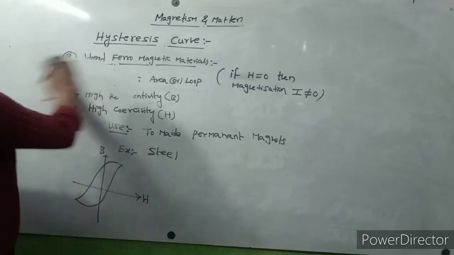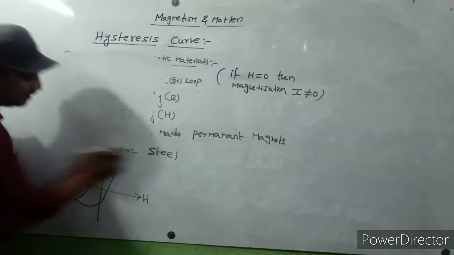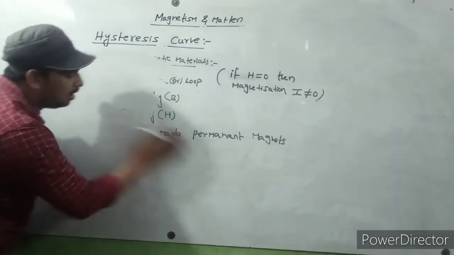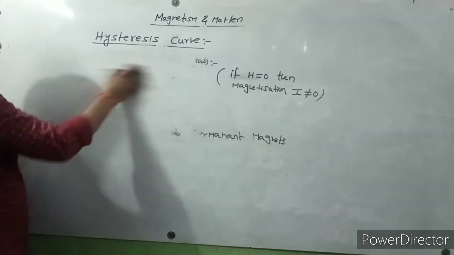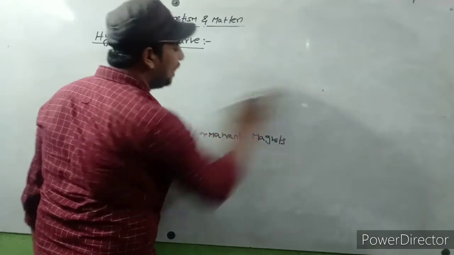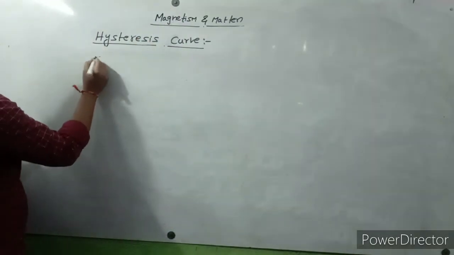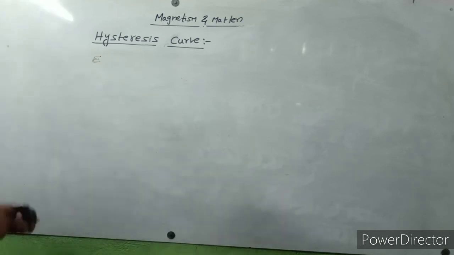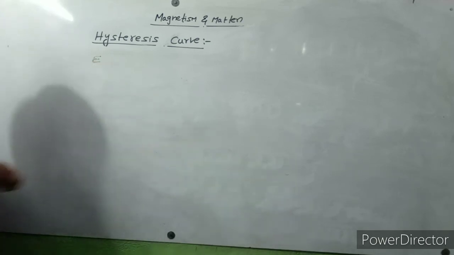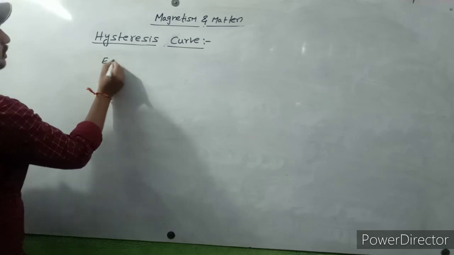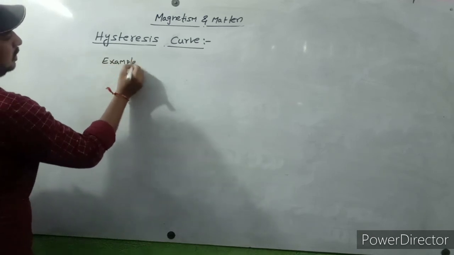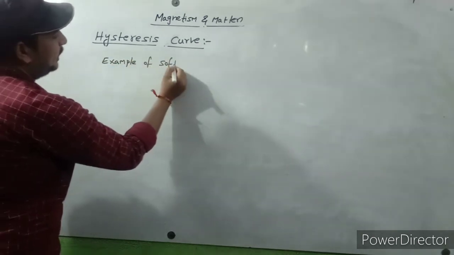I forgot to write the example of soft ferromagnetic material. What is an example of soft ferromagnetic material?